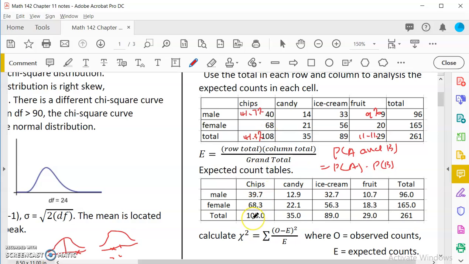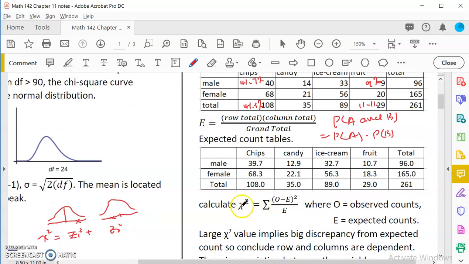That means if you just ignore the gender, using 108 being the total out of 261, and using the distribution of male and female, how many will choose chips? The expected one when they are independent.